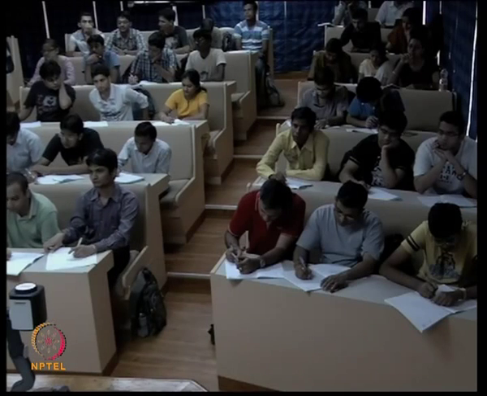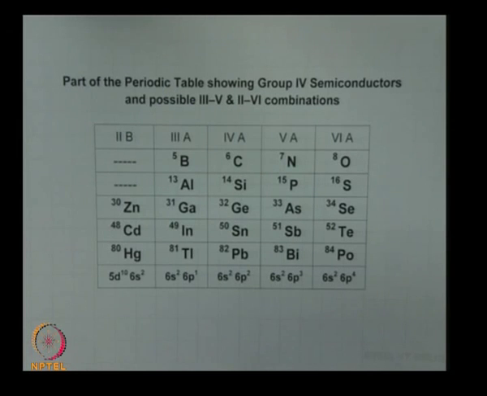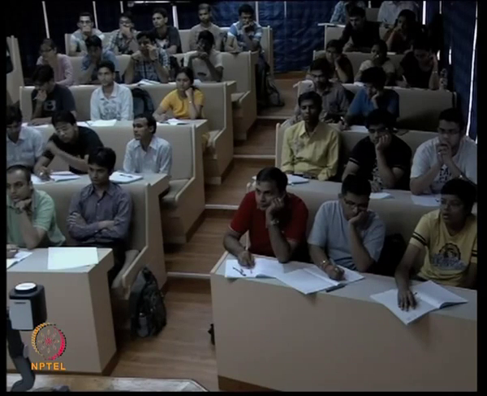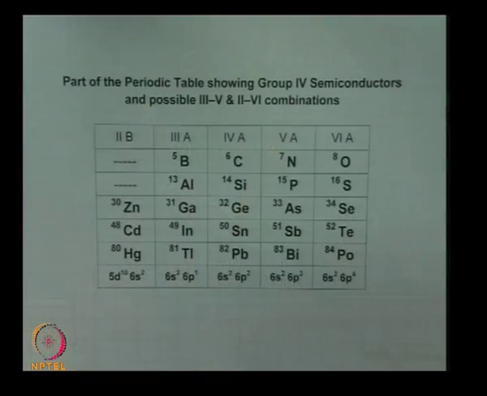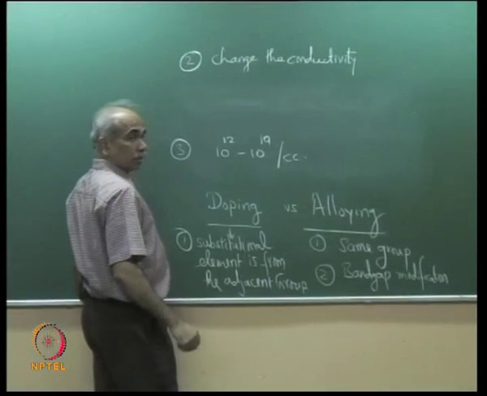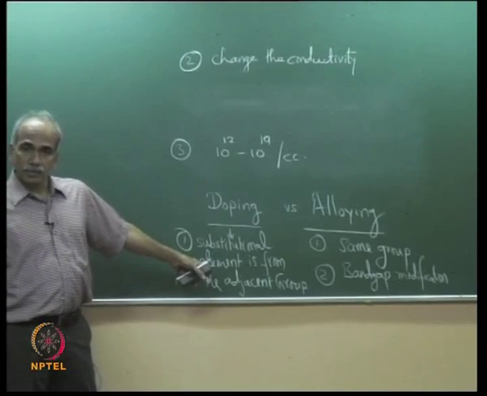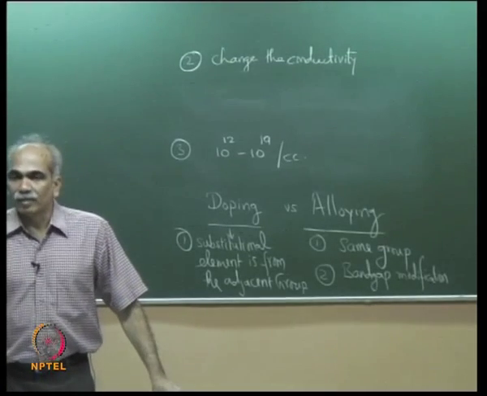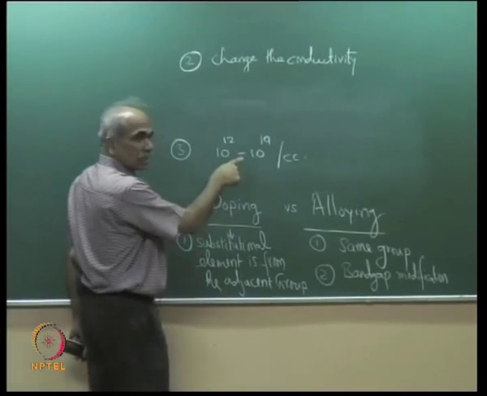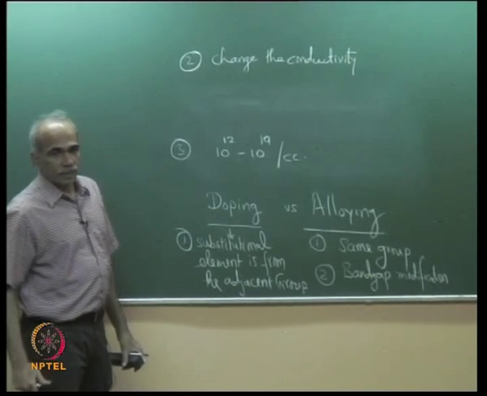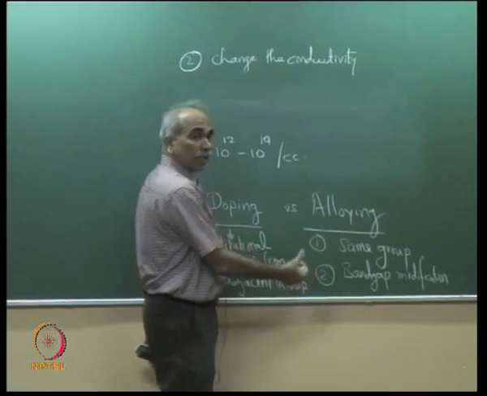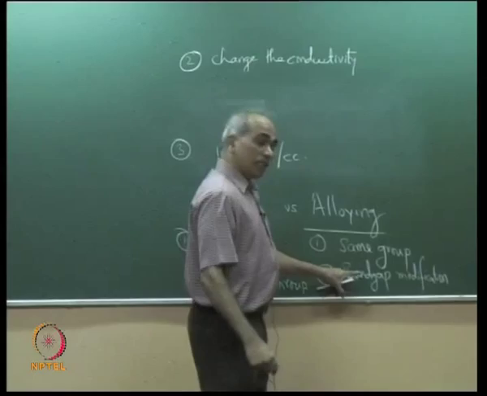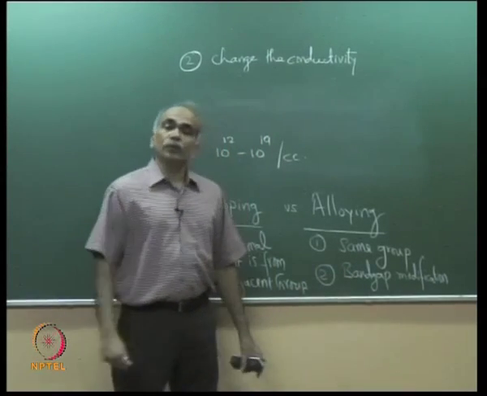Any other differences? Third, what about the doping concentration? Doping concentrations are typically 10 to the power of 12 to 10 to the power of 19 per cc. In other words, the number of atoms with which you dope is much smaller compared to the total number of atoms. Whereas in alloying you are replacing an x fraction, say 0.3 means 30%, and typically semiconductors have 10 to the power of 22 atoms per cc.